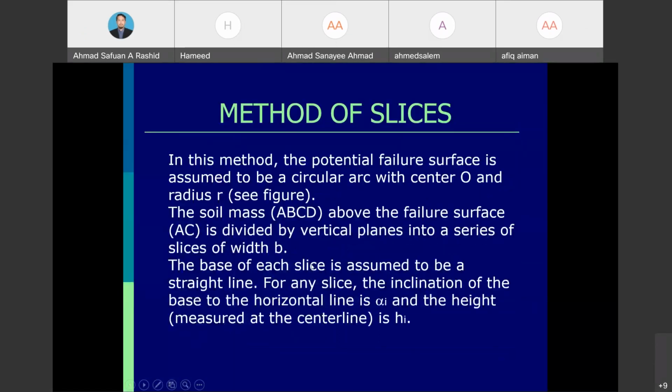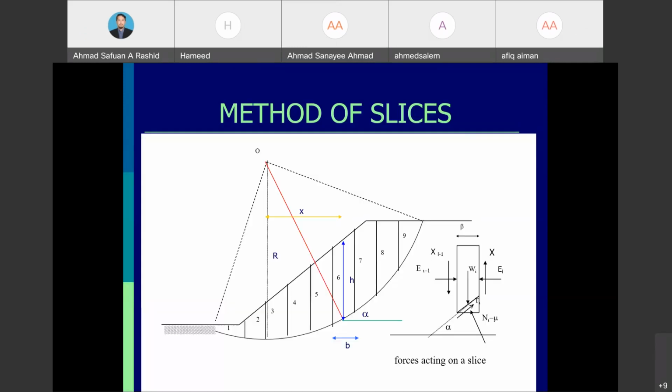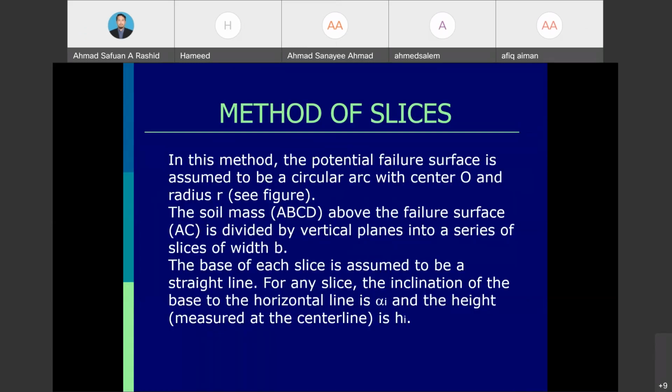So this is the method of slices. In this method, the potential failure surface is assumed to be a circular arc with center O and radius R. So we look at this figure. The solid mass ABCD above the failure surface AC is divided by vertical planes into a series of slices of width B. The base of each slice is assumed to be a straight line.